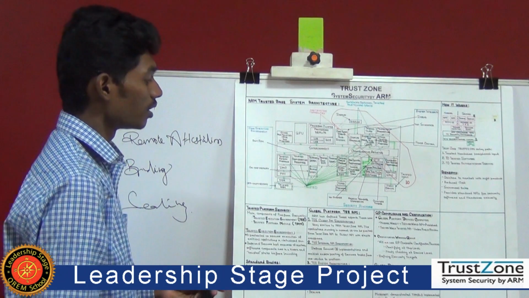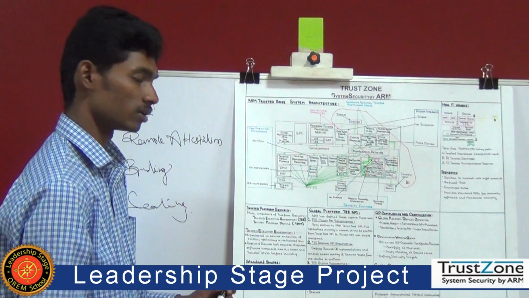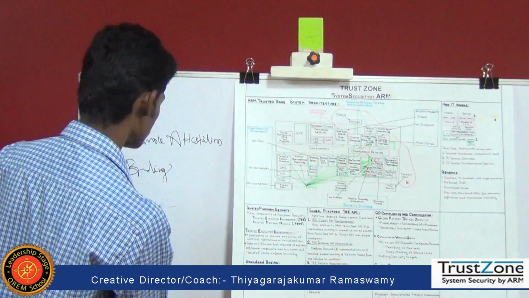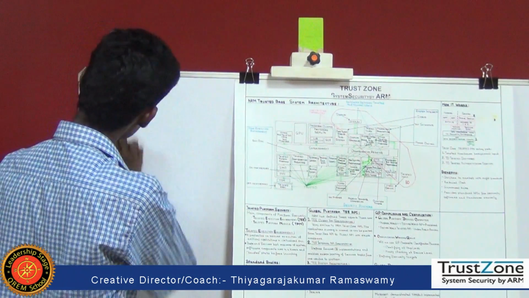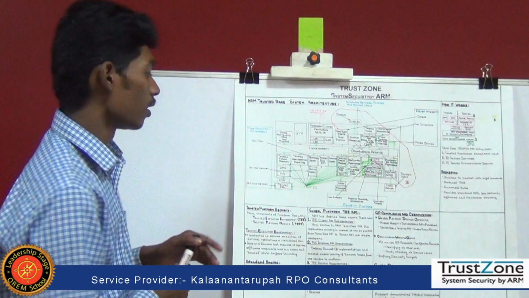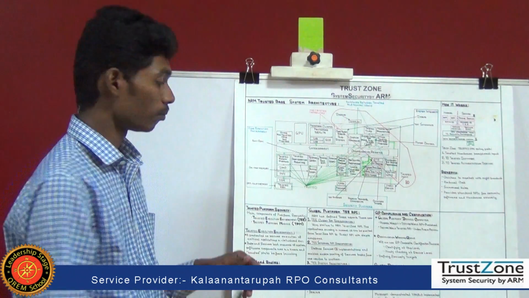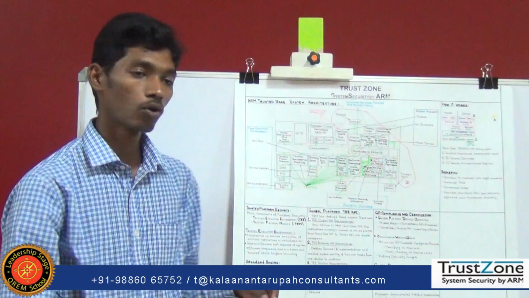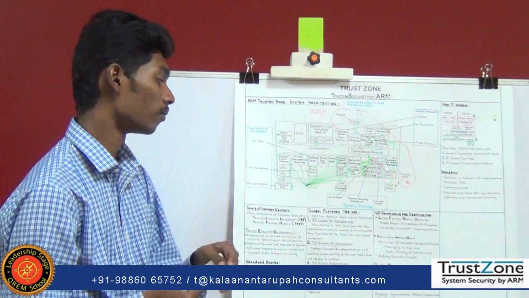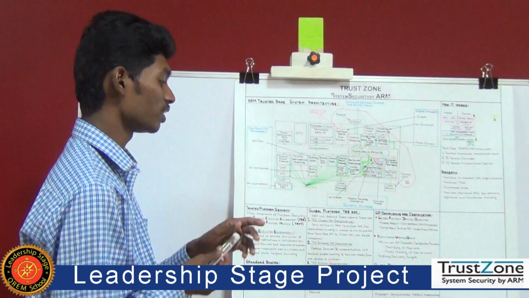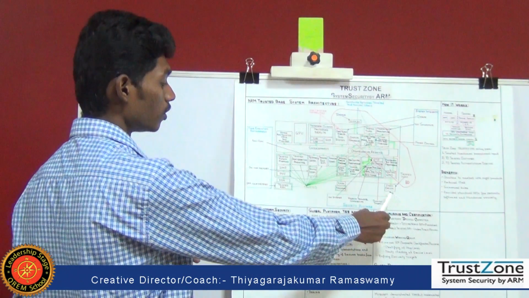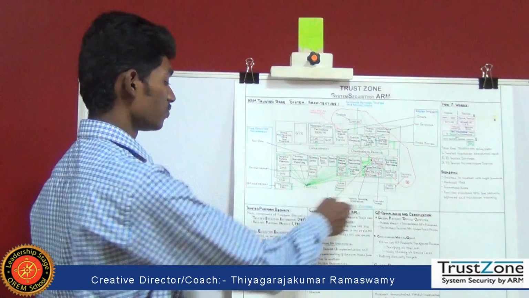And the next one is GP compliance and certification, that is, Global Platform Compliance and Certification. There are two main processes: the Global Platform Devices Committee and the Certification Working Group. These two committees provide the Global Platform certification.